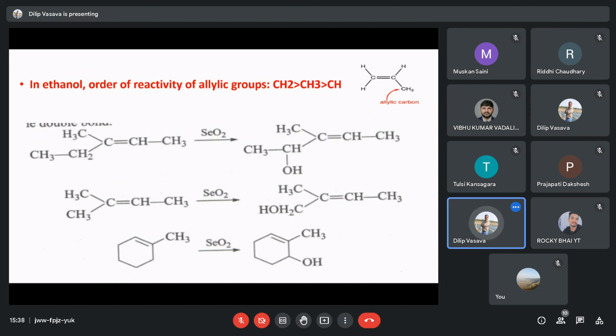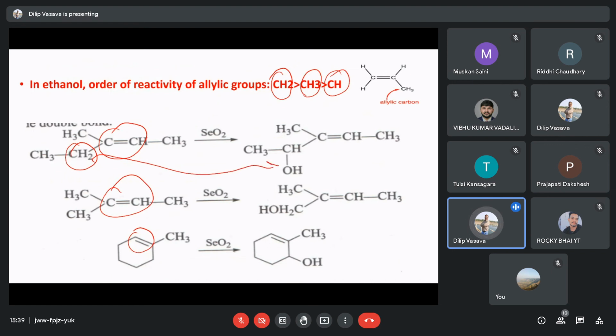Here different allylic carbons are taken. Here it is the double bond, here it is the double bond, and here it is the double bond. All these are allylic carbons. But in that case, you need to remember that CH2 is more reactive than CH3 and CH, so here the CH2 group is going to oxidize.